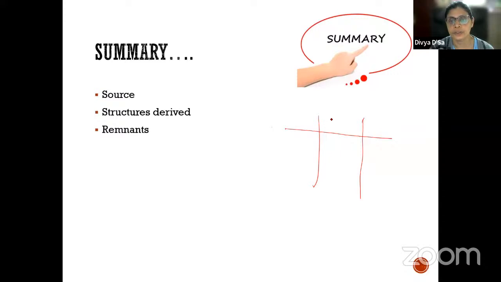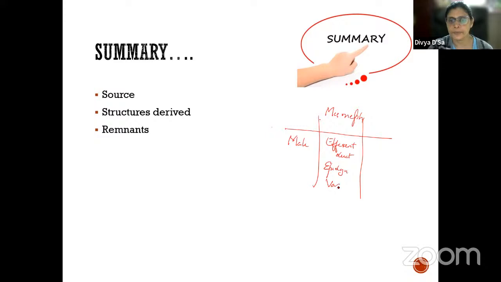So the mesonephric duct, mainly in males, what does it form? It forms the efferent ductules. Then the epididymis, duct of the epididymis.